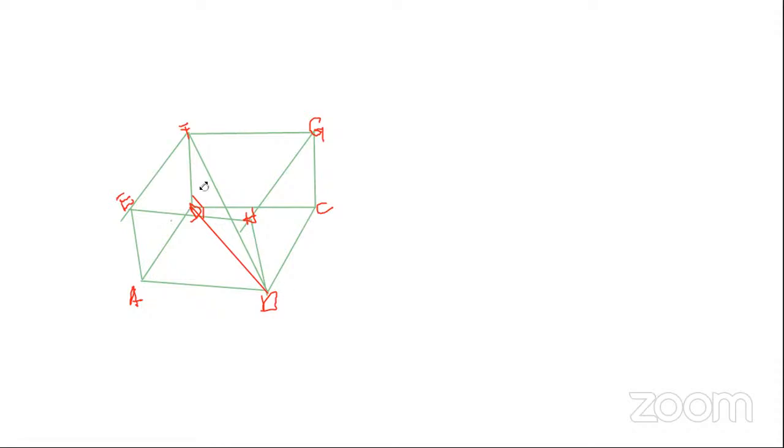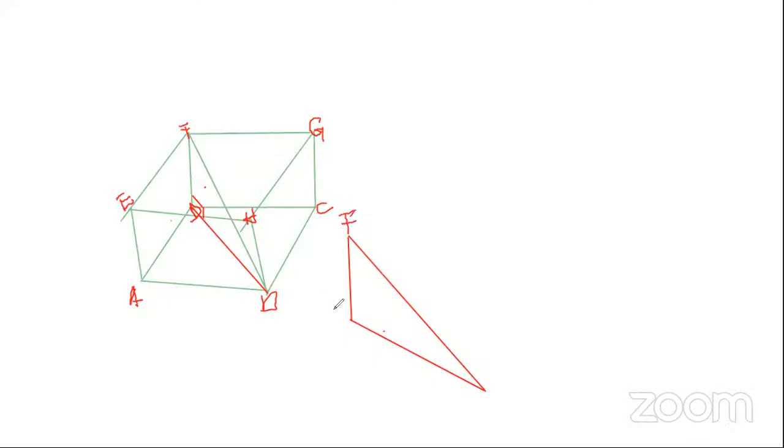After that, we extract the triangle and have it aside. So if this is F, this is D, and this is B, this will be the angle that is required.